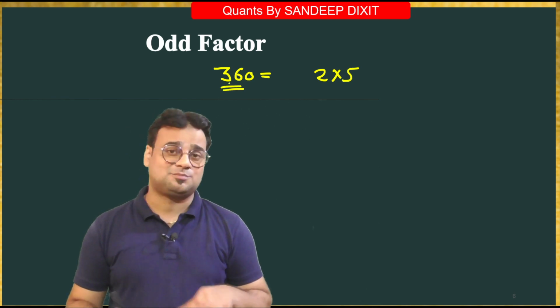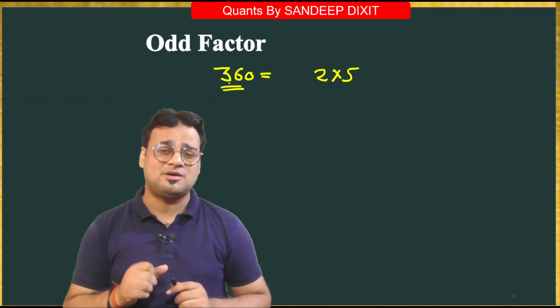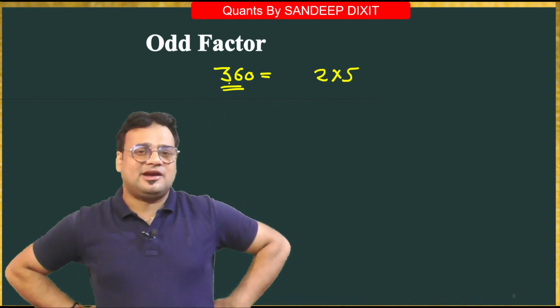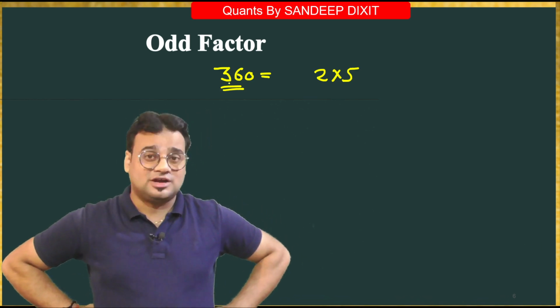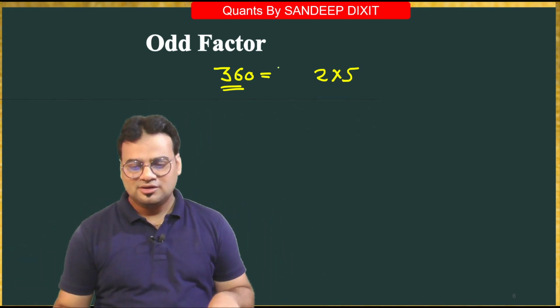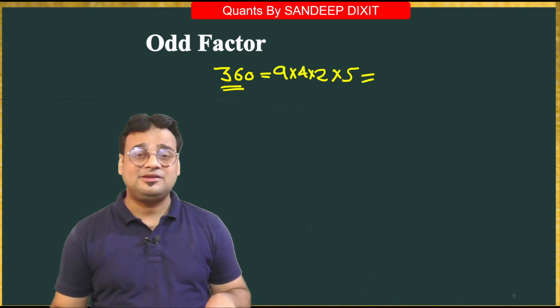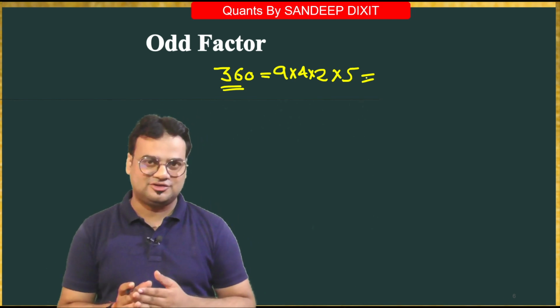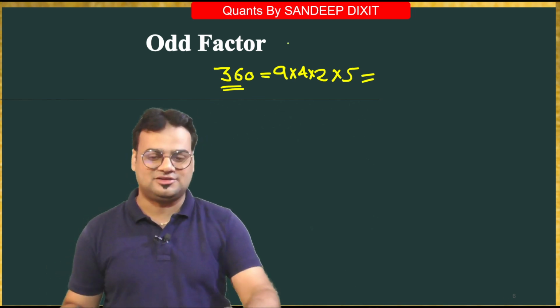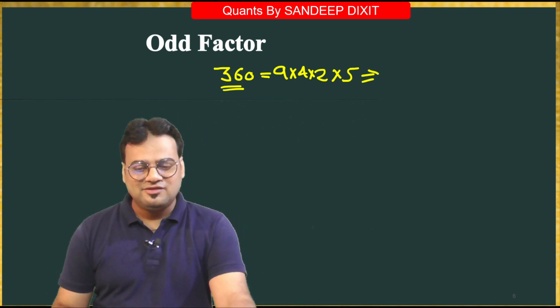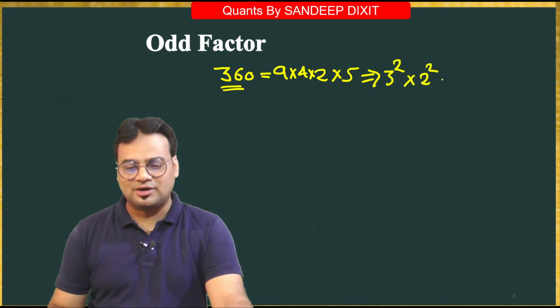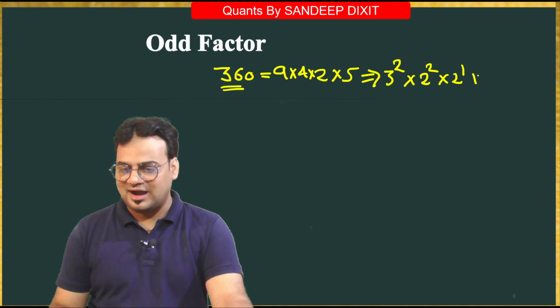36 we split into co-prime numbers. We all know 36 is 9 into 4. That's a factorization, but it is not completely prime, so we split using prime factorization. 9 is 3 to the power 2, and 4 is 2 to the power 2, and here 2 to the power 1 and 5 to the power 1.